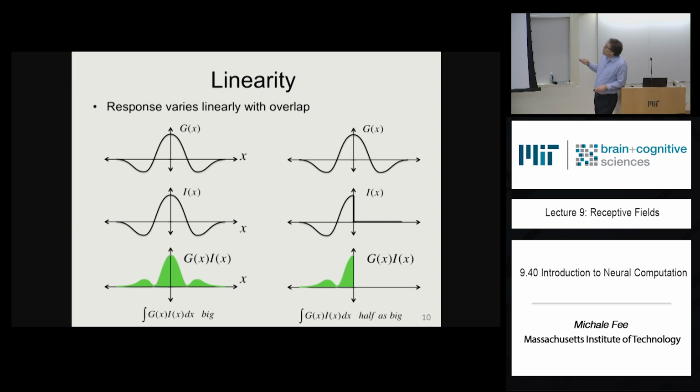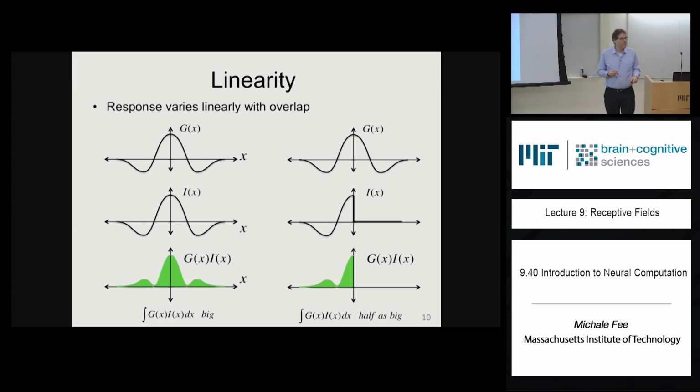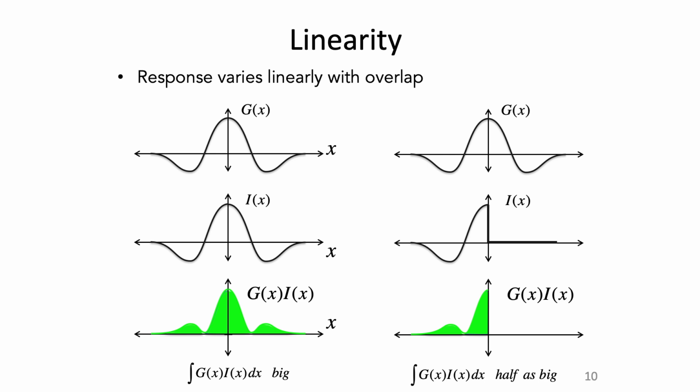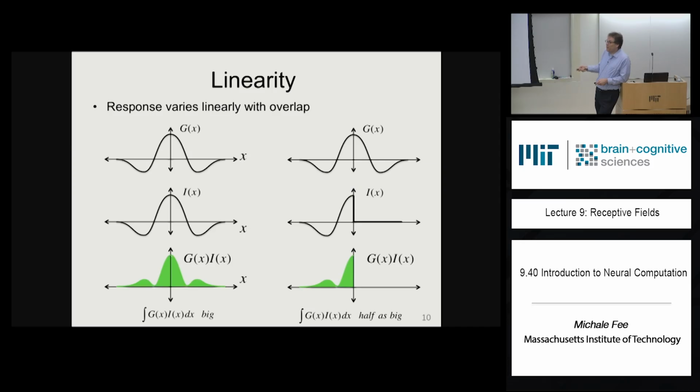Okay, we refer to this correlation process, this linear filter, as linear because you can see that if you put in half the light intensity, let's say, you get half the product, and when you integrate, you get half the neural response.